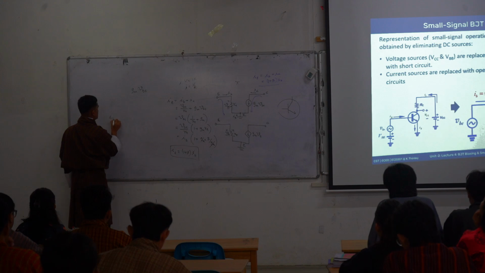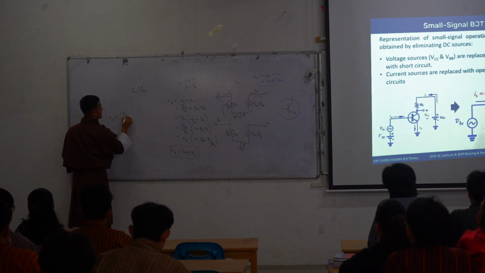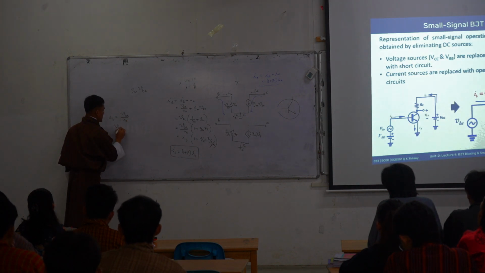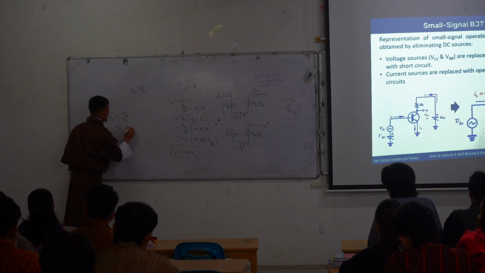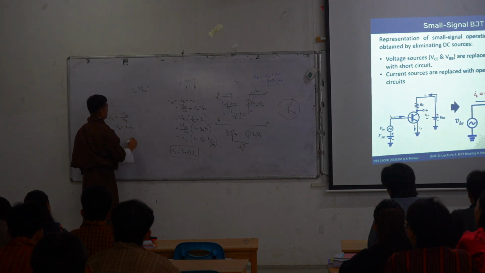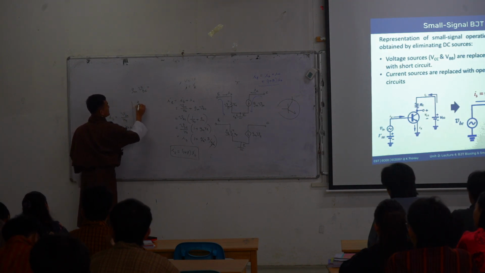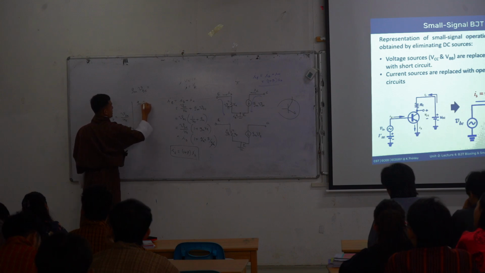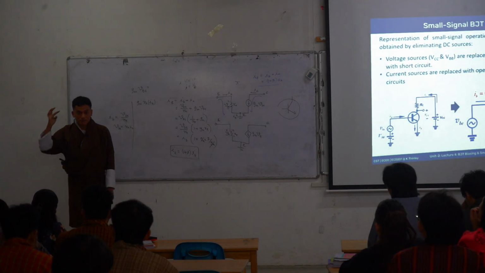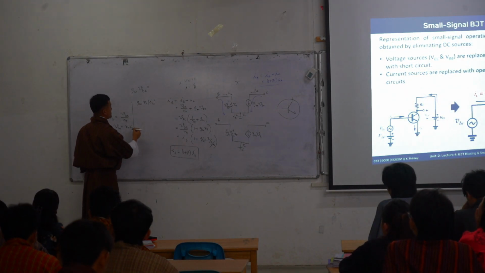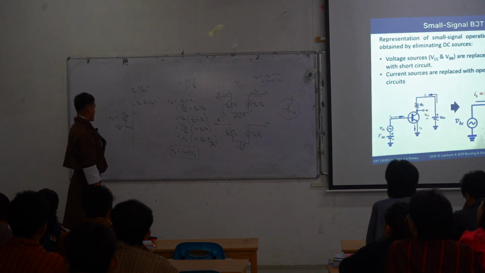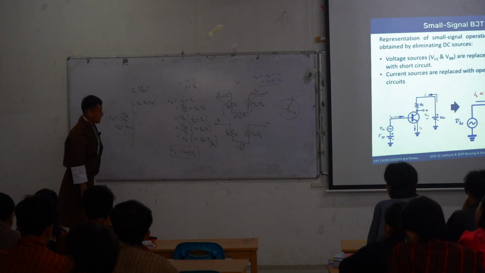IB is equal to VBE divided by R pi, right? So we can also write VBE is equal to R pi times IB, right? So I can write GM times VBE is equal to GM times R pi times IB. Similarly, how can I calculate R pi?